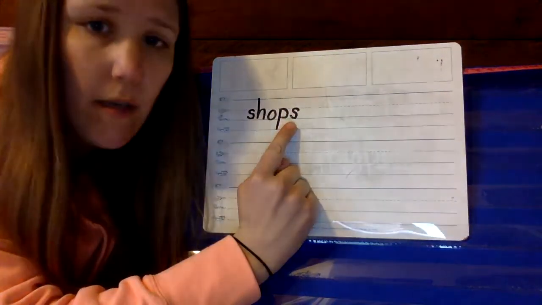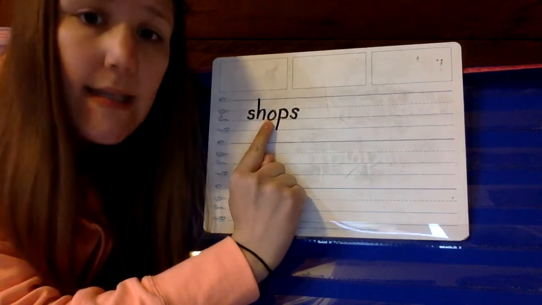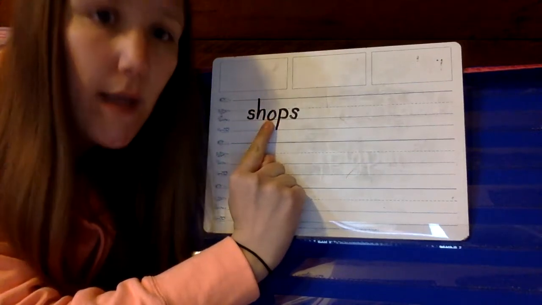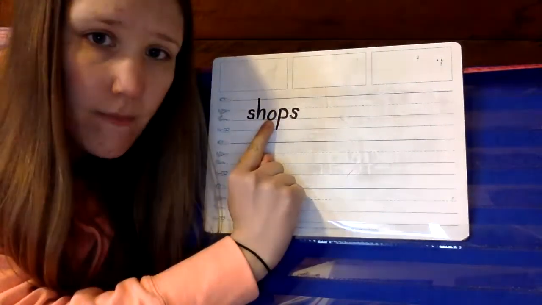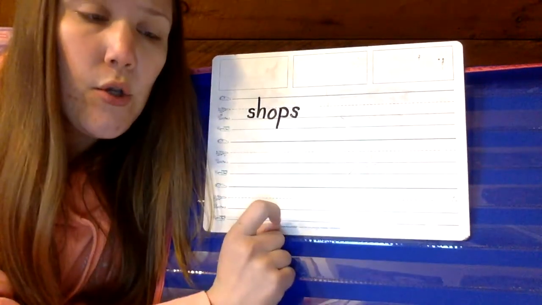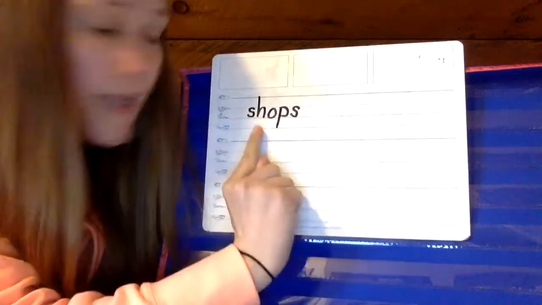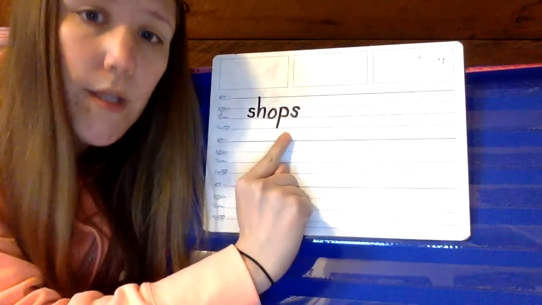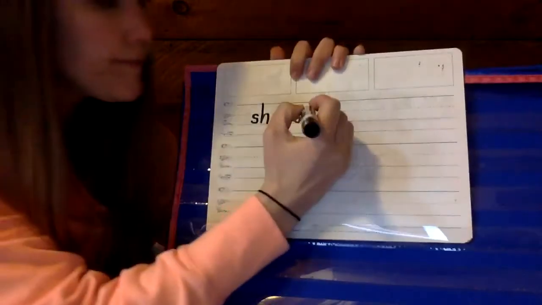We are not talking about one shop anymore. Now we're talking about more than one shop. So in a sentence, it might be, do you see those shops over there? In that sentence, you're talking about more than one shop. That's what this suffix S can do.